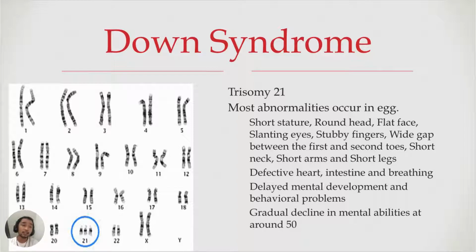And of course, chromosome number 21 is considered an autosome, meaning it's not really affecting the reproductive system, but more of the different aspects of an individual. Most abnormalities occur in the egg. That is why it is said that the age of the mother is a great contributory factor, and why Down syndrome is very common.